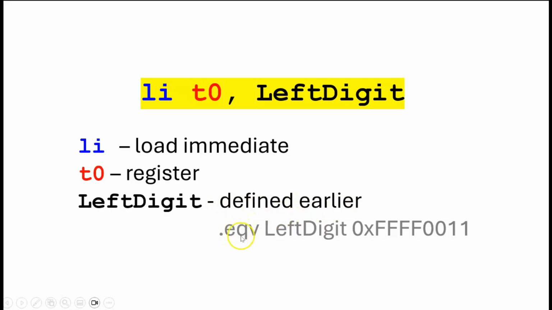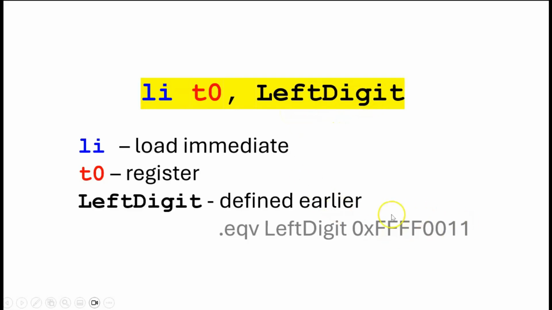Remember, right at the beginning of the program, we have a .EQV left digit 0x, that's hexa, FFFF0011. So in other words, this value has been assigned to left digit, which is an address. So this instruction will load T0 with the constant left digit.